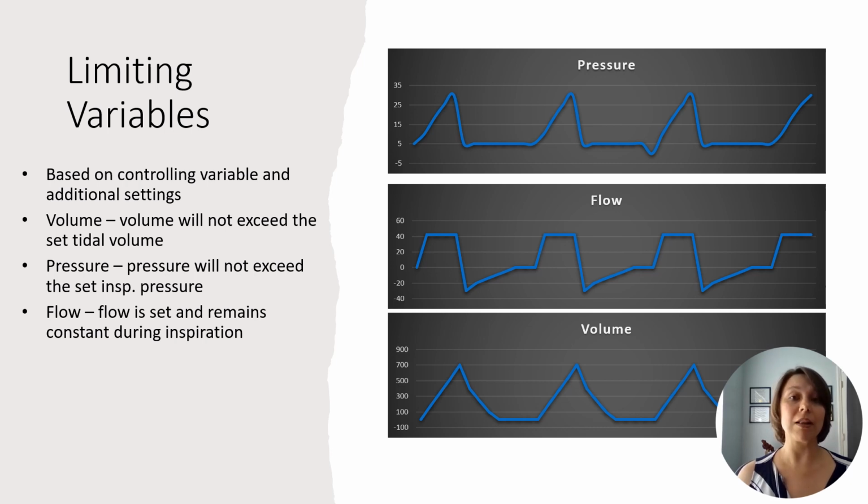No matter what limiting variable you're using, the definition is that it's going to control the breath and not exceed the set value. So for volume, volume will not exceed the set tidal volume. For pressure, pressure will not exceed the set inspiratory pressure. And then flow rate comes in more for volume control than anything else. We will set a flow rate, and that flow rate will remain the same and not exceed the set value.